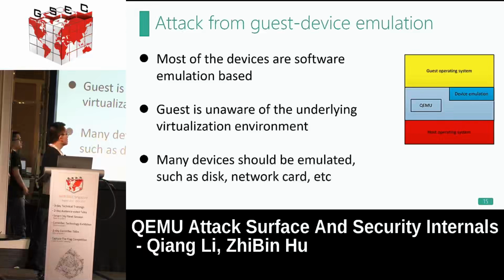As there are a lot of real devices in the real world, QEMU should also emulate a lot of devices such as disks and network cards. So more devices, more vulnerabilities.